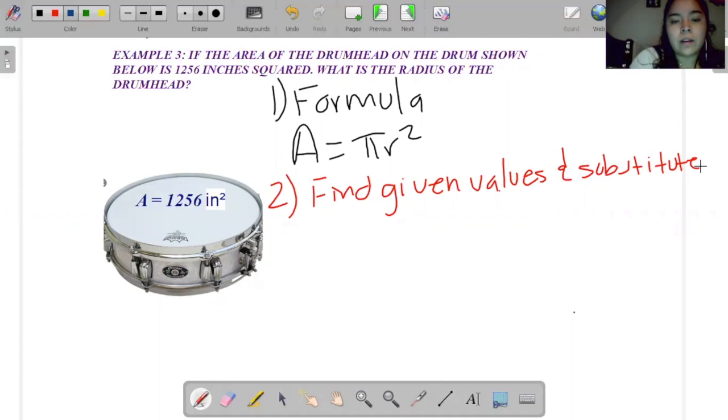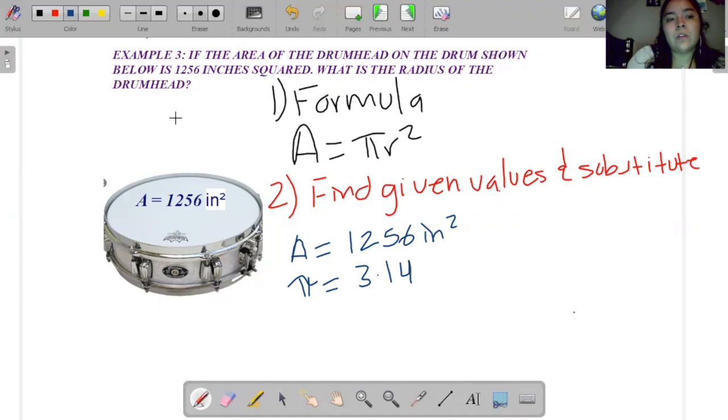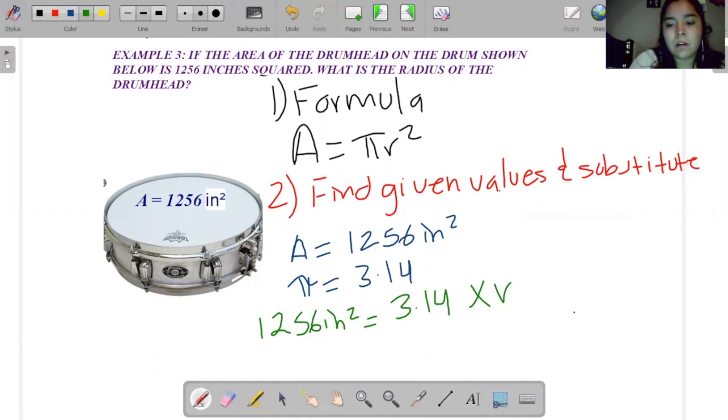So we know that our area A is equal to 1,256 inches square, and we know that pi is approximately 3.14. So now let's substitute those values into our formula. Now we have A, which is 1,256 inches square, is equal to 3.14, which is pi, times r squared, because that's what we're trying to figure out.